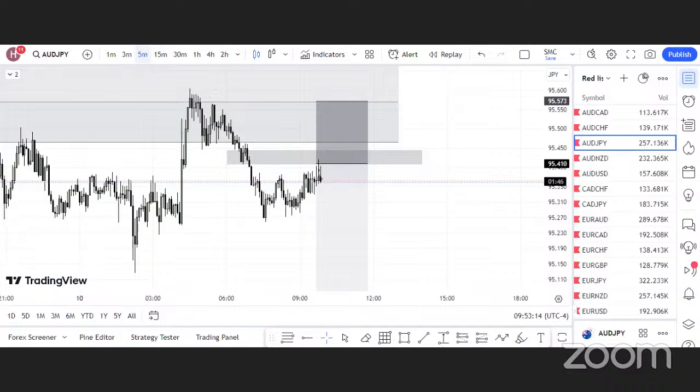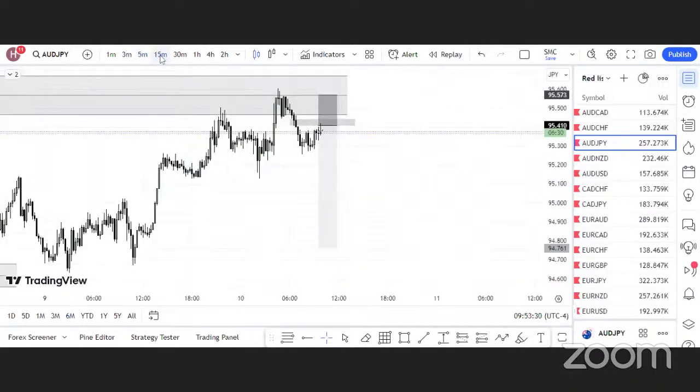After the close of this current candle, we are going to sell.